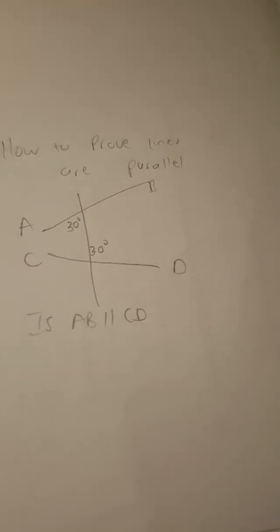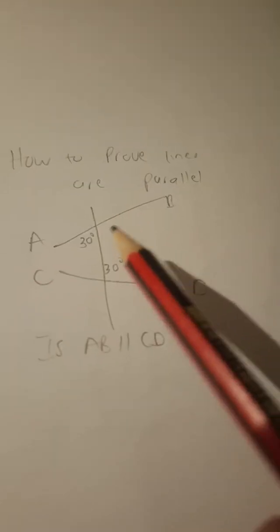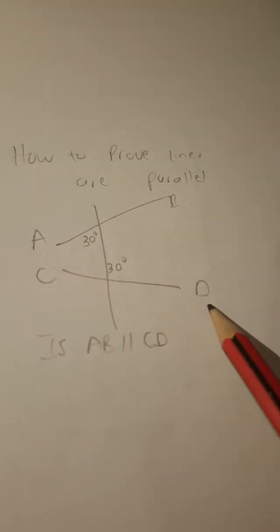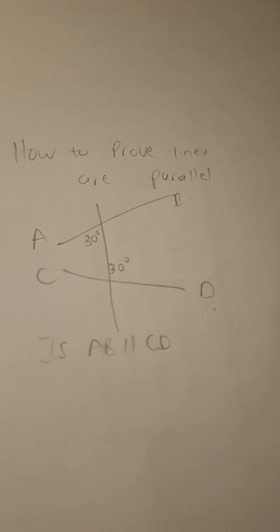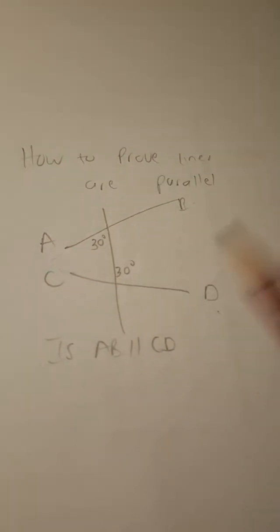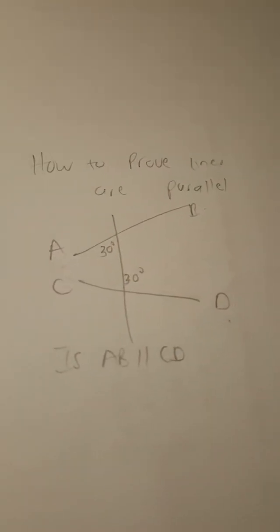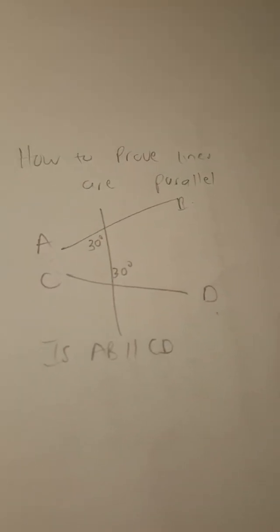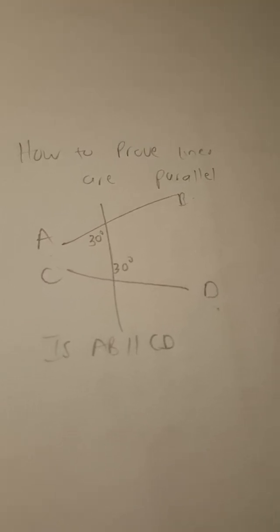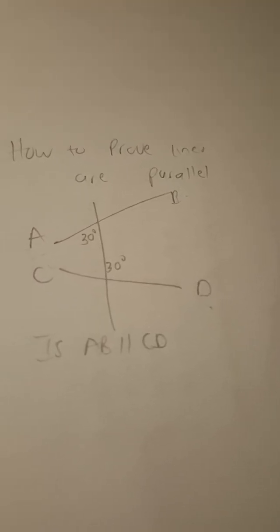Guys, let us be honest, right? AB and CD, the way they look, would suggest that these lines can't be parallel. The diagram here is not necessarily drawn to scale.